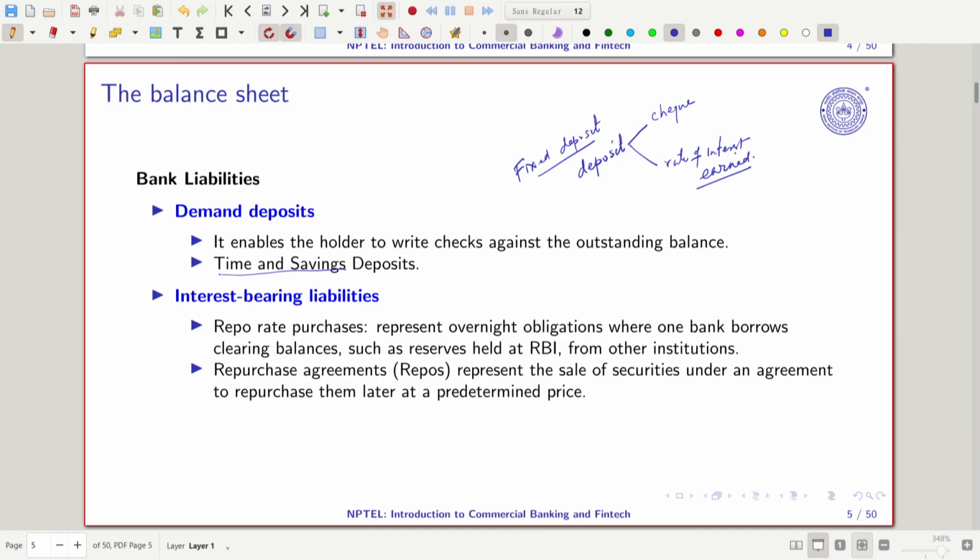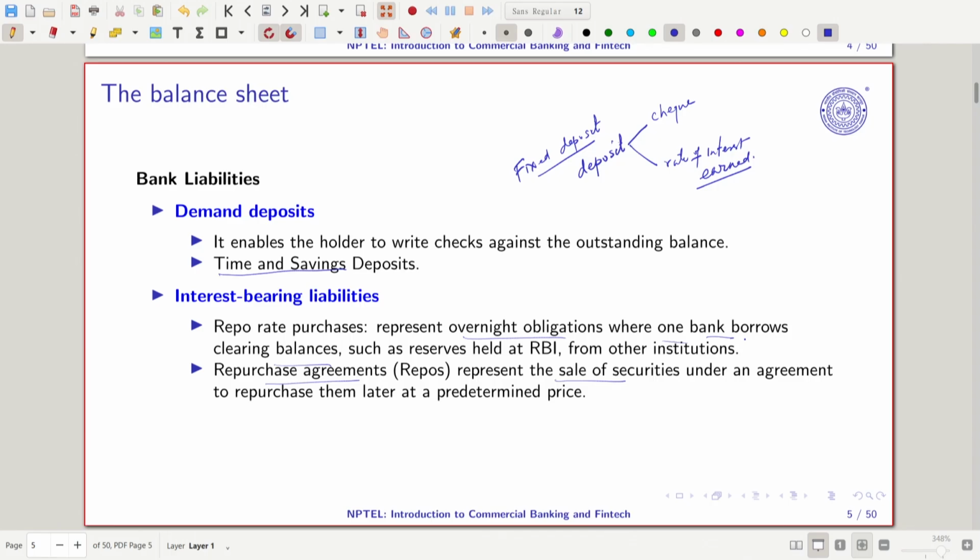Repo purchases are also like overnight obligations to one bank, borrowing clearing balances, reserves held with the RBI. Then there is the repurchase agreement. So repo rate is when banks are going to borrow money, reverse repo is when banks are going to lend. This also requires the transfer of collateral, and this is where the sale and buy of securities comes in. When banks are buying securities, it means they are giving money to the RBI.